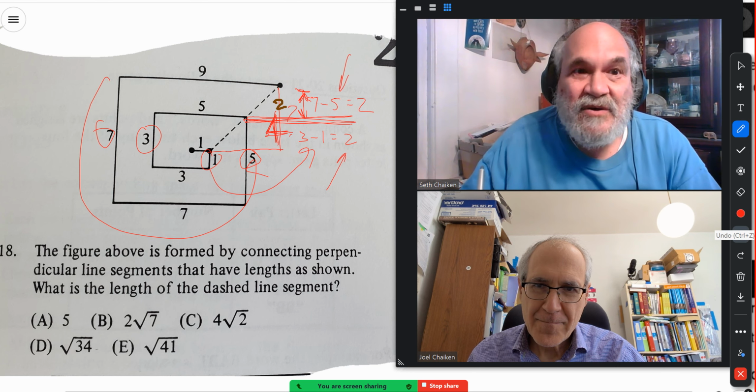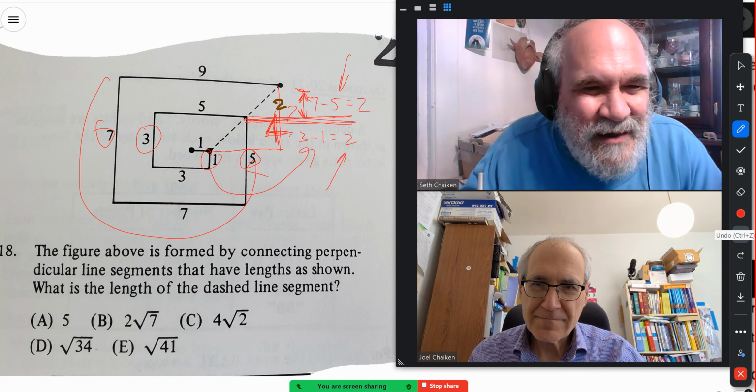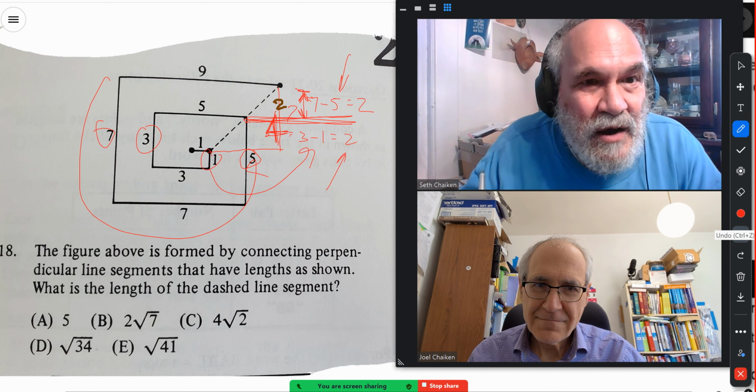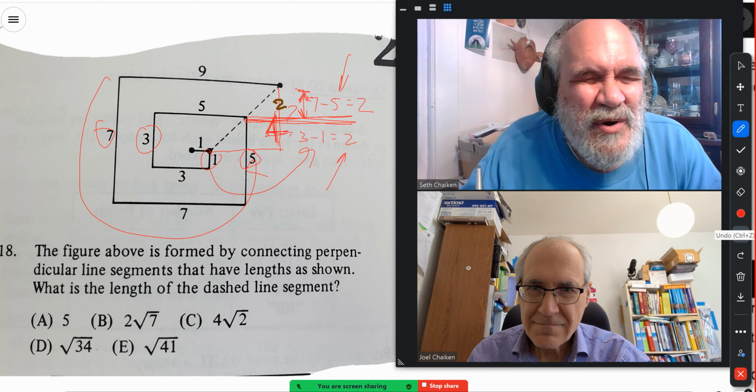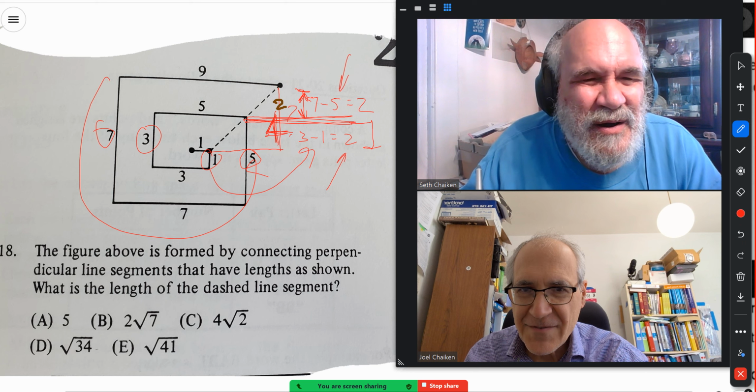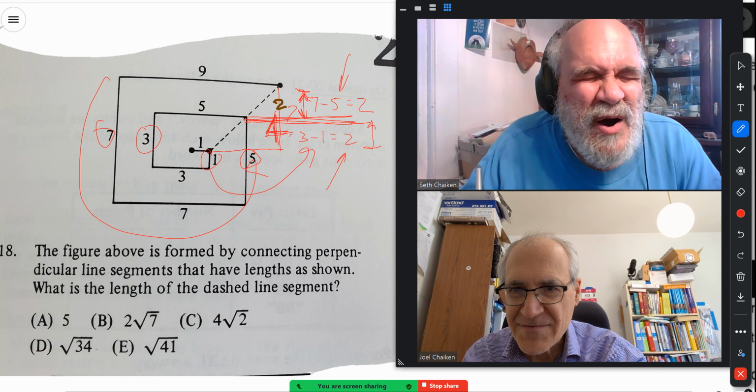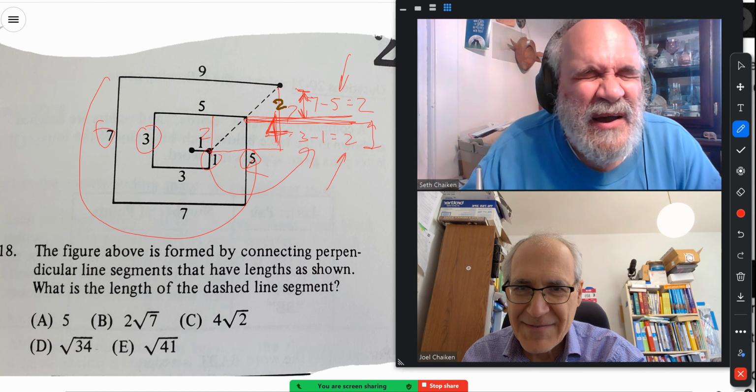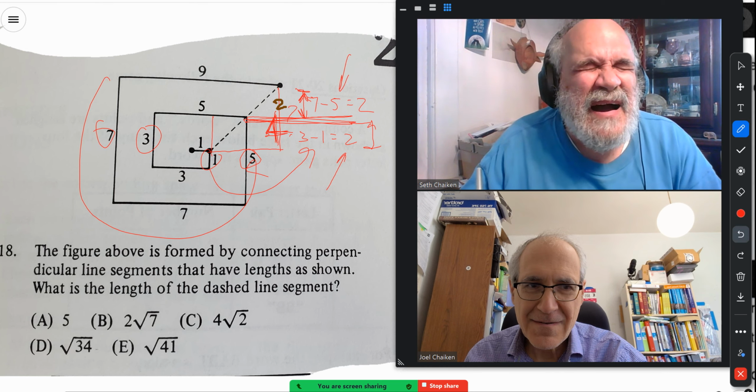Good. Now you drop the vertical. Right. Okay, you dropped a vertical. You yourself got the 2. You yourself justified the 2 here. It's the same justification. I got it now.